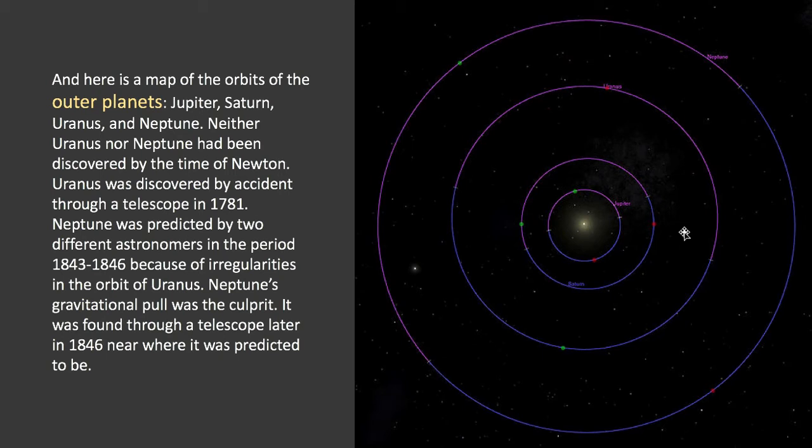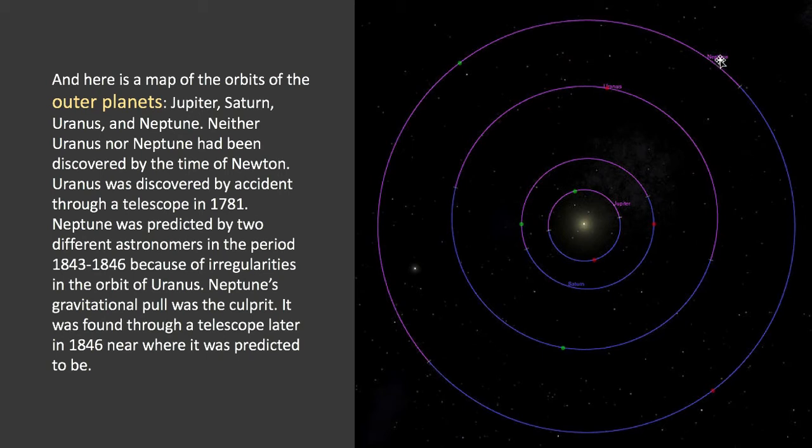Or it was following Newton's laws, but not as if it was only being pulled on by the sun. There had to be something else tugging on it to make its orbit a little bit irregular. And so they predicted that there has to be some other planet out there, and they predicted about where it would have to be. And soon after that, it was discovered in about that location in 1846.